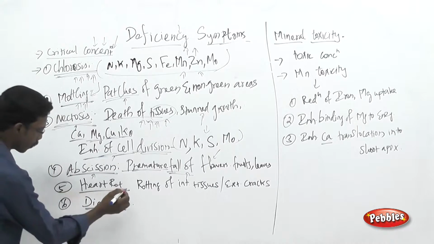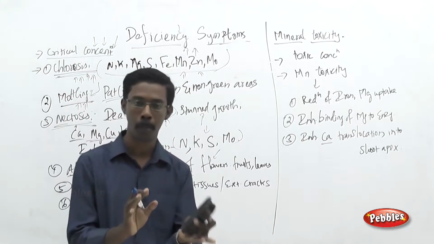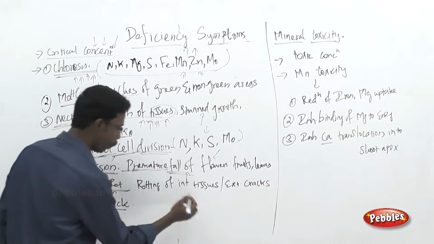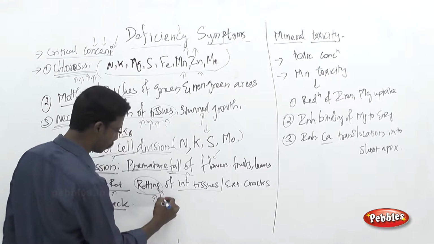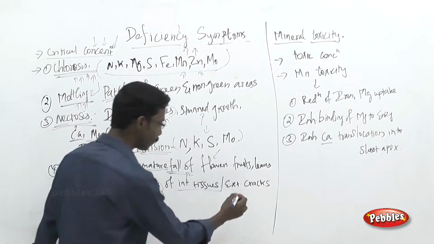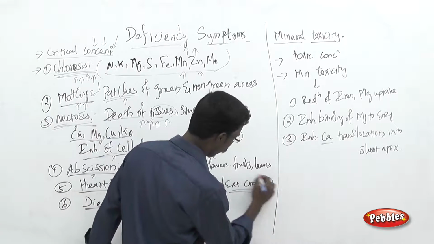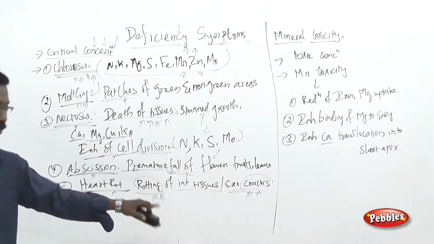And hot rot. Hot rot refers to the internal part of the plant becoming very soft or rotting. We call that symptom rotting of the internal tissues, and externally cracks form. You can observe the external cracks in this symptom.